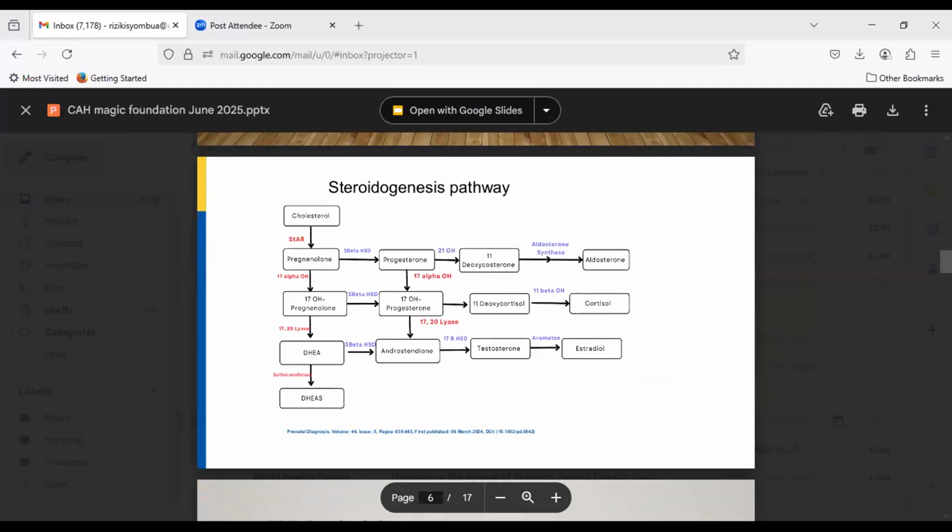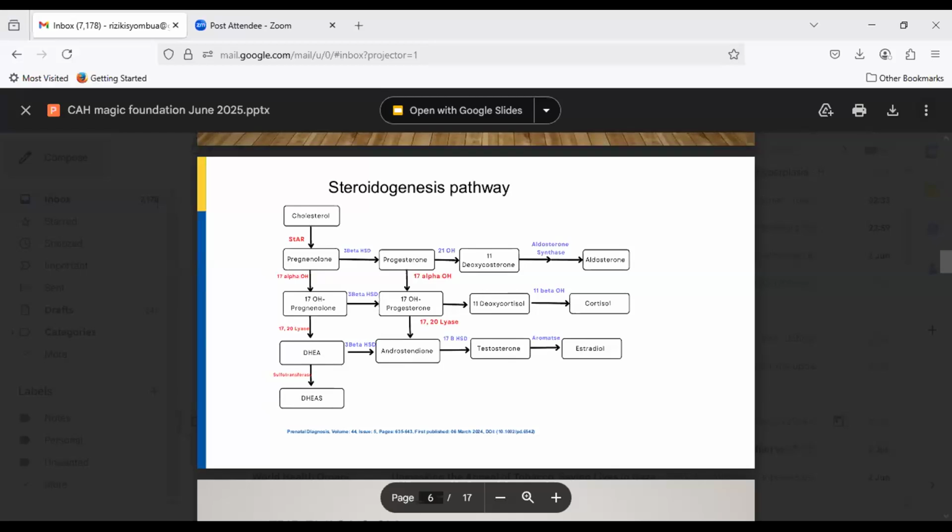And for the enzymes that are affected, the commonest we say is 21-alpha hydroxylase, which turns progesterone into deoxycorticosterone and 17-hydroxyprogesterone into 11-deoxycortisol. And that is the commonest. The others are shown in red.